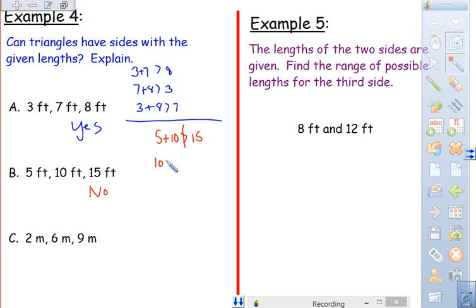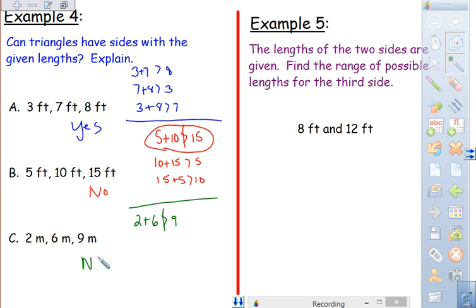If I kept going, 10 plus 15 is greater than 5, and 15 plus 5 is greater than 10. But that one piece didn't work, so this one is a no. In the last one, 2 plus 6 has to be greater than 9, and right away we're at a no. So this cannot form a triangle.